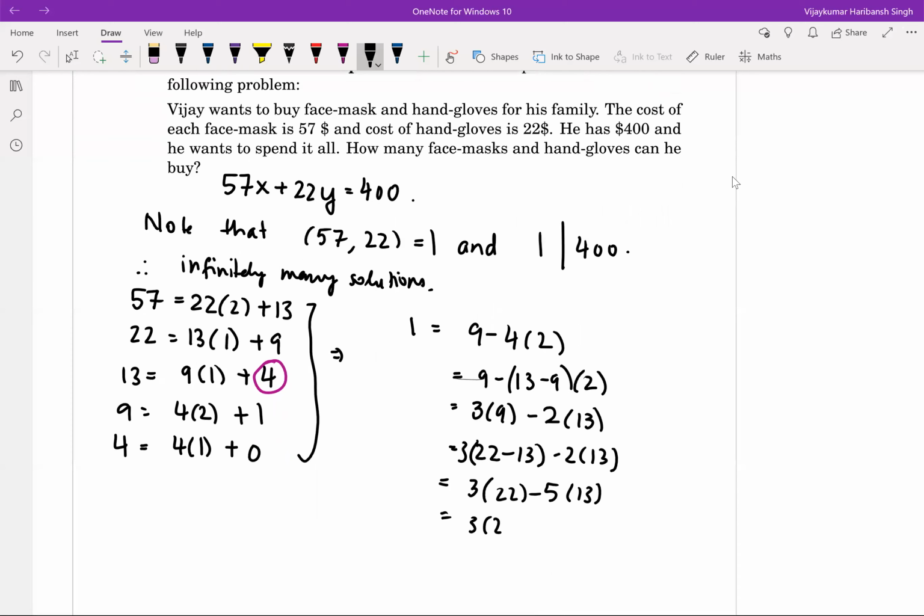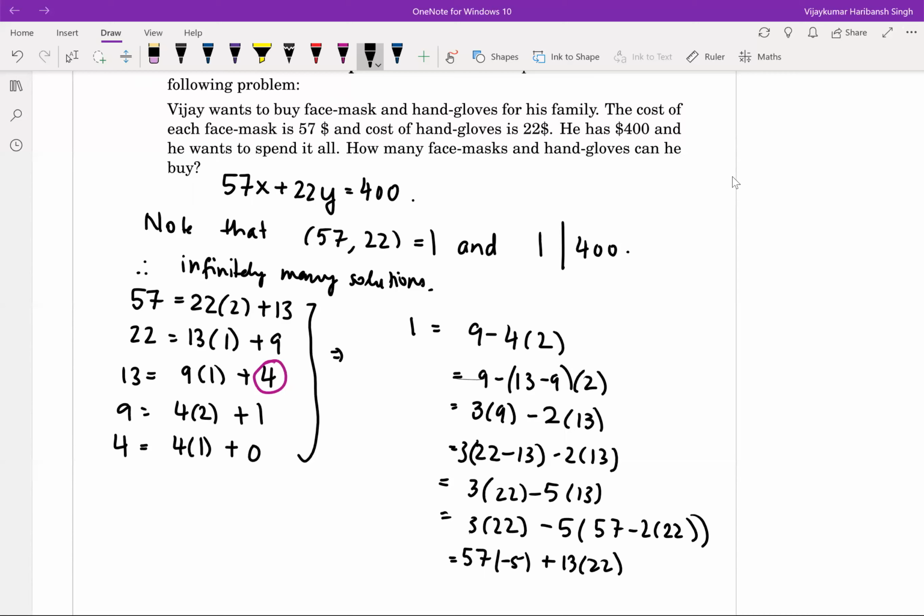Now I am going to replace 13, which is 57 minus 2 times 22. So when I multiply it out, I get 13 times 22 plus 57 times minus 5.